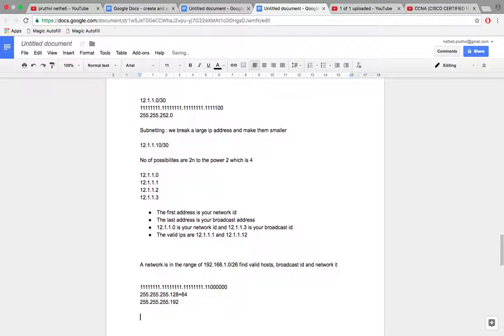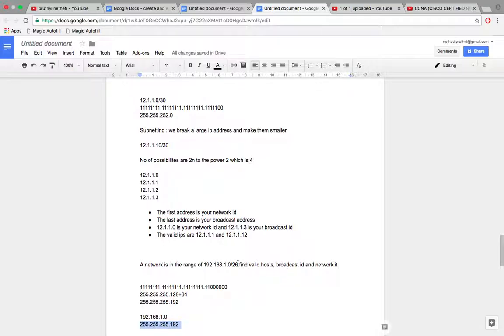This is going to be your subnet mask for the network 192.168.1.0, with subnet mask 255.255.255.192. So you came to know about the subnet mask.